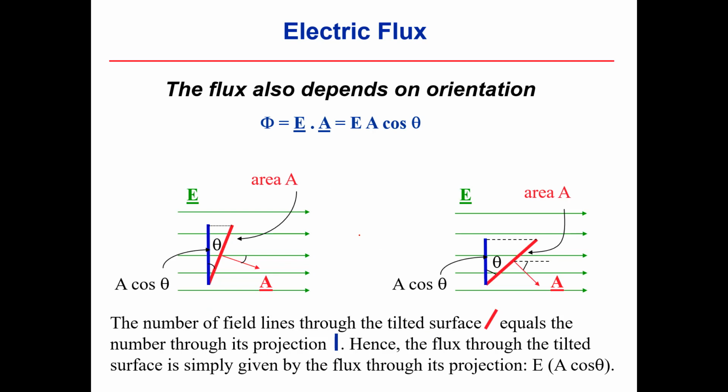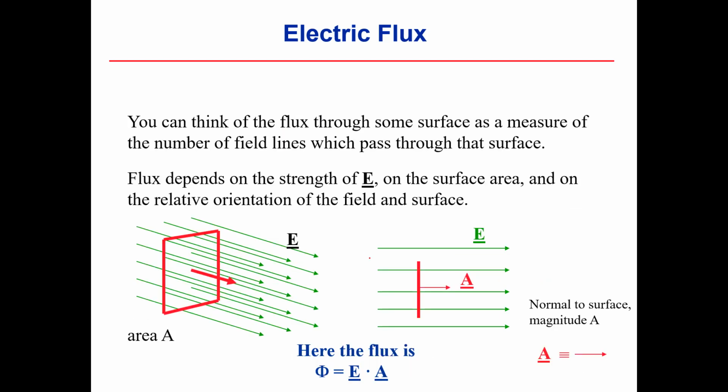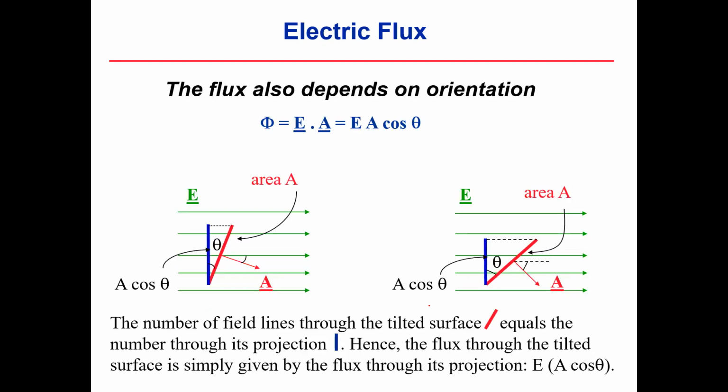Okay, in our example, class, the surface was vertically oriented. What if your surface is tilted? This is a side view of your electric field and your surface. Okay, this is a side view. What you see looks like a line, but this is actually a surface. Now what if this surface is tilted at some angle?